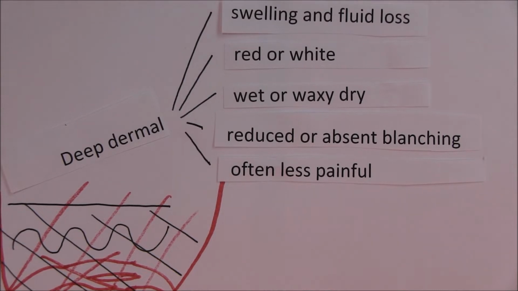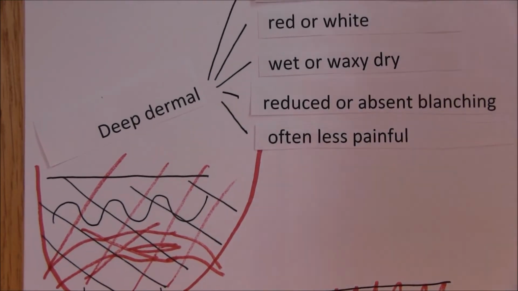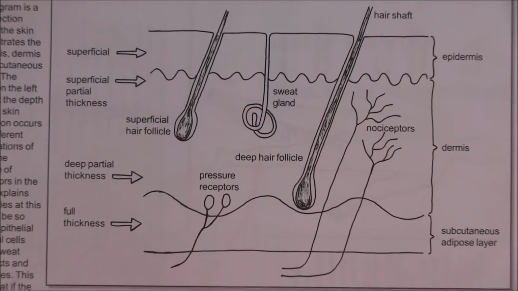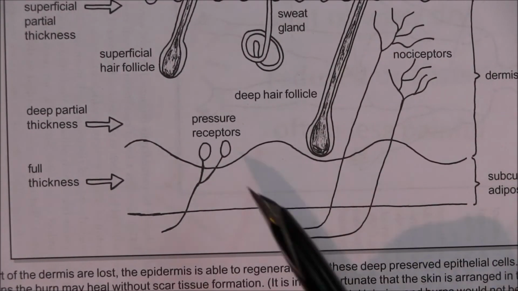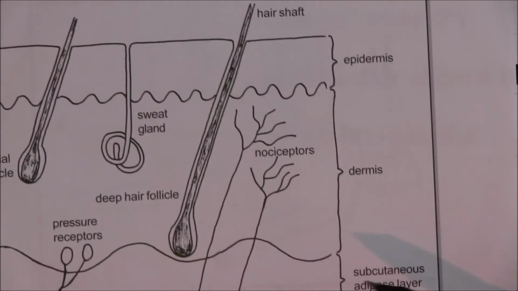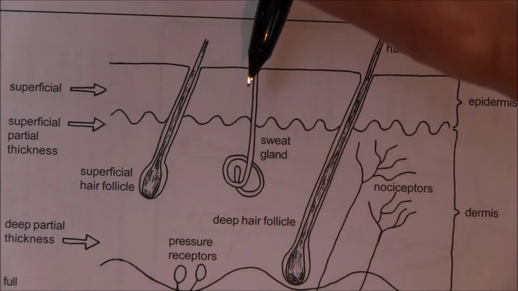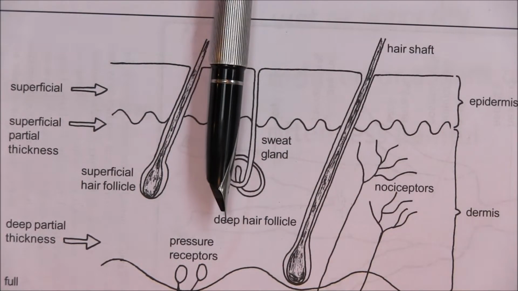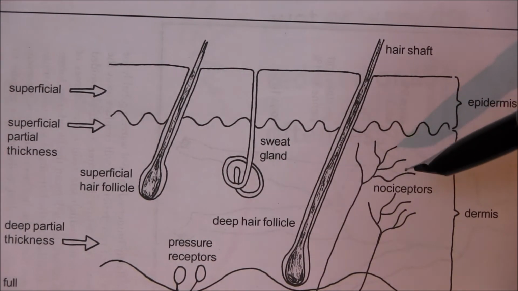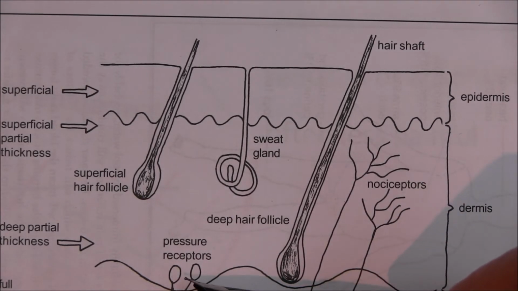But in the deeper layers of the skin, I should maybe show you on this diagram here, this one from the pathophysiology book, we have pressure receptors. And we see the nociceptors can be higher up. So what happens is, if you prick the wound with a sharp object, like a hypodermic needle, instead of feeling pain as you would if these nociceptors were intact, the patient experiences a feeling of pressure.